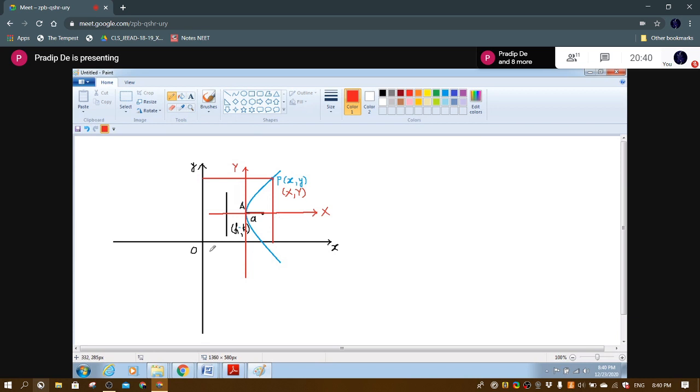What is this length? This is H. This is capital X. So this is also capital X. And the total length is small x.